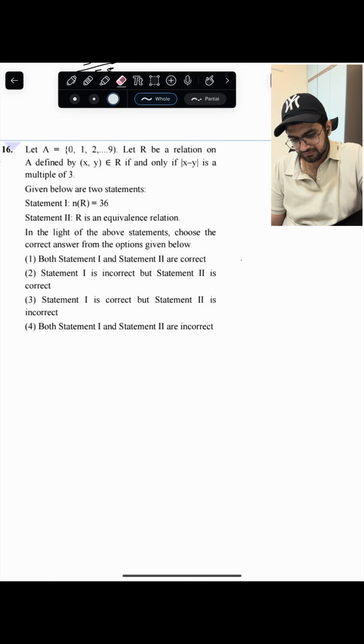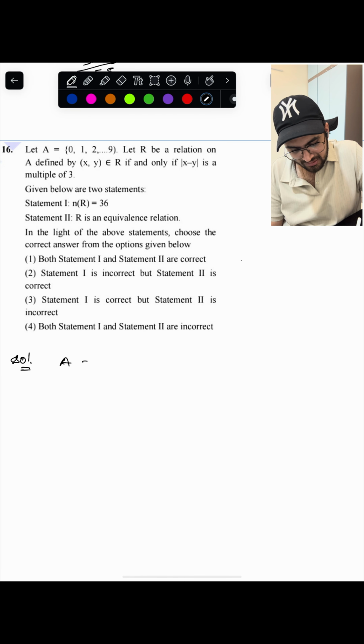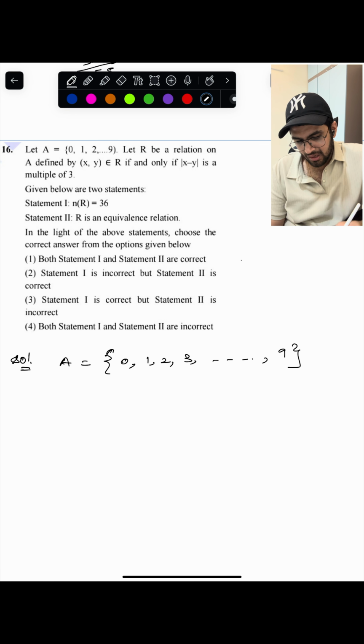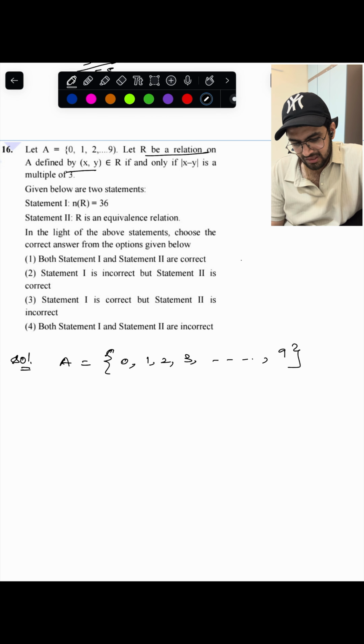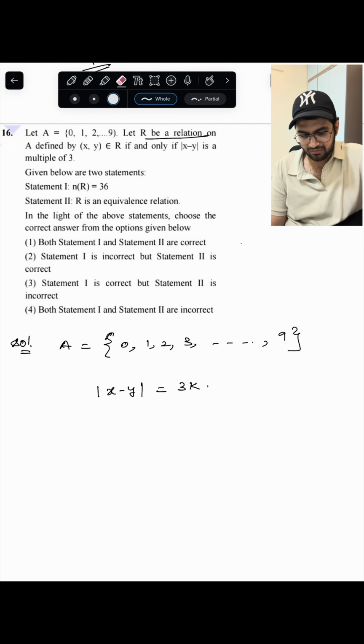So what is given here? A is one set consisting of 10 elements, all 0 to 9. R is a relation defined on A by (x, y) such that if and only if mod of x minus y is a multiple of 3. So mod of x minus y should be a 3 multiple, right?